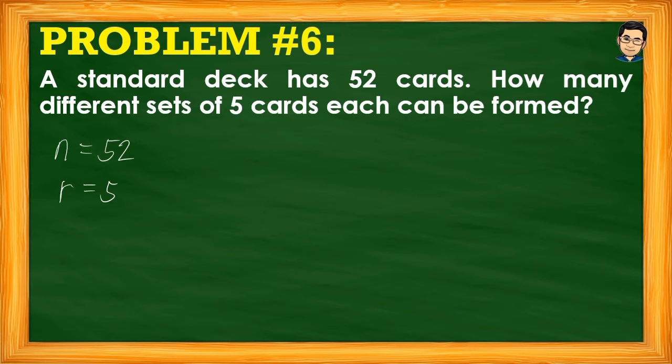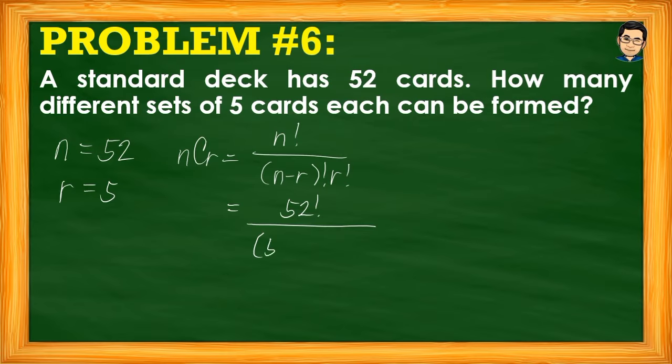Applying the formula for combination, so n is 52. So that is 52 factorial all over 52 minus 5 factorial times 5 factorial. So 52 factorial all over 52 minus 5, that is 47 factorial times 5 factorial.